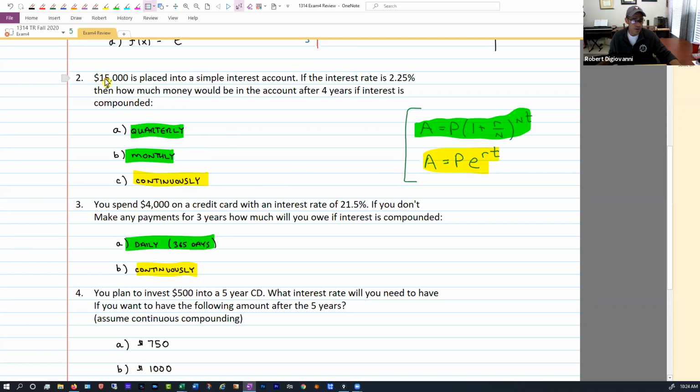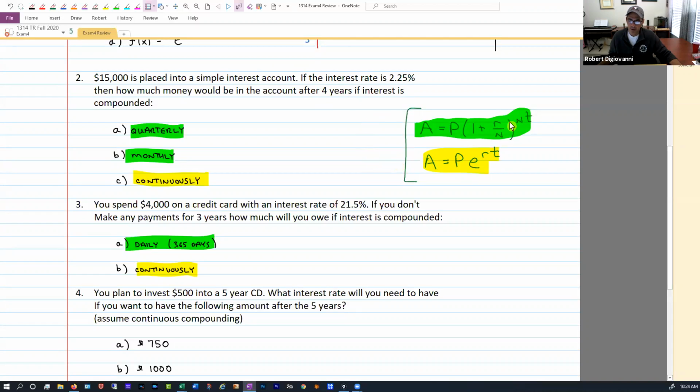Okay, so for this one, $15,000 is placed into a simple interest account. I give you the interest rate and ask how much money would be in the account after 4 years. So I give you the amount that we put in, P, the interest rate R, and the time T in years, right? So you're just going to replace P, R, and T with those numbers.